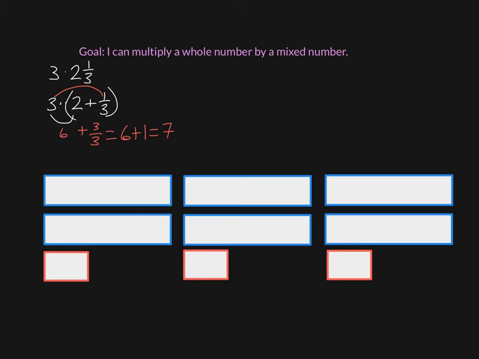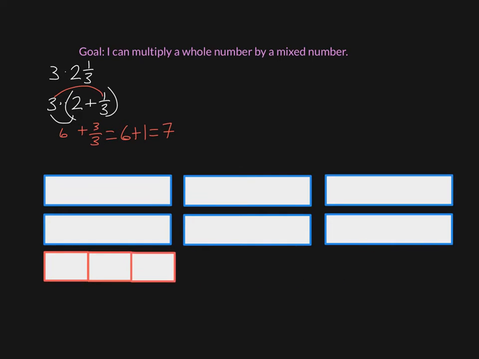So here we have 1, 2, 3, 4, 5, 6 wholes. That shows us 3 times 2. So we have 3 sets of 2. 2, 4, 6. And then we also have 3 times 1/3, which gives us 1/3, 1/3, and 1/3.